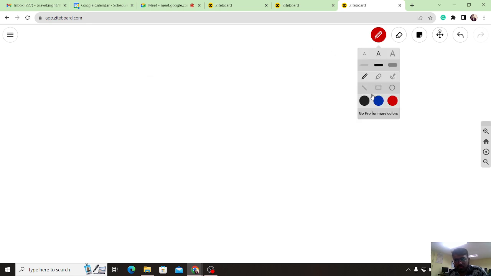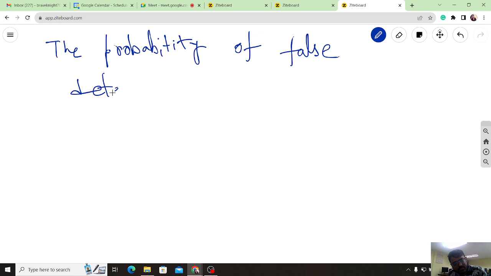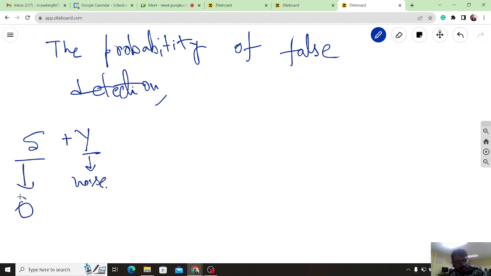So what should be the probability of false detection? The signal component is S and the noise component is Y. So when the signal is 0, the output is only Y. So this Y should not exceed this V threshold.